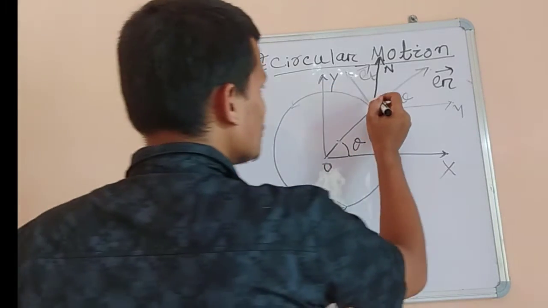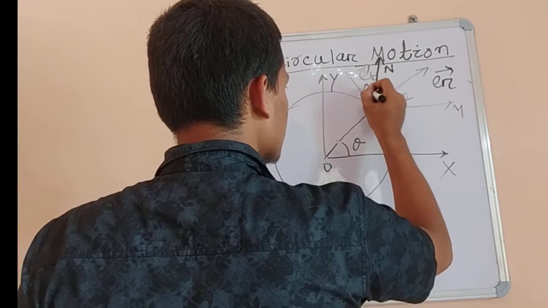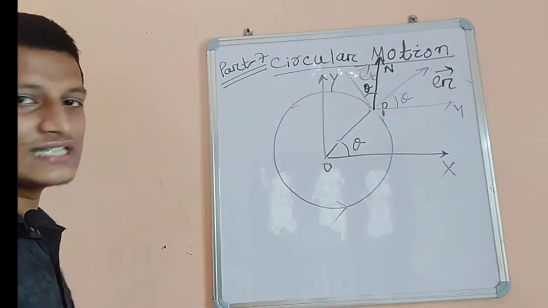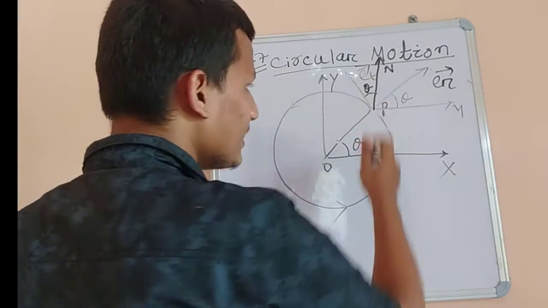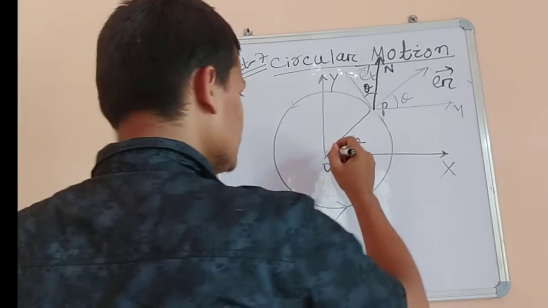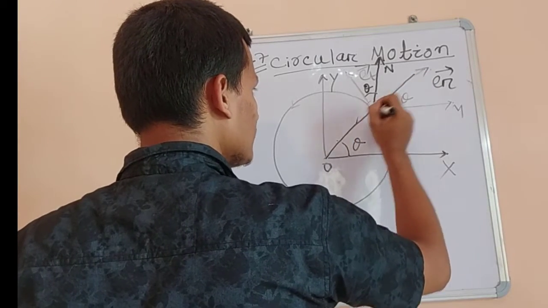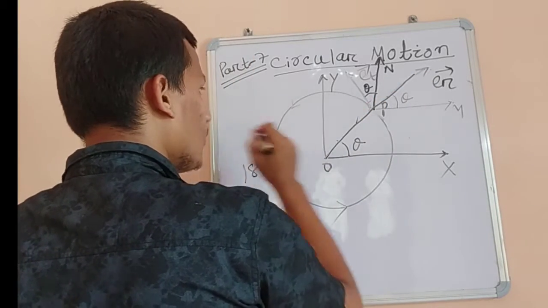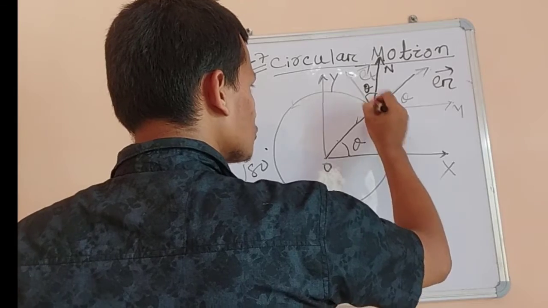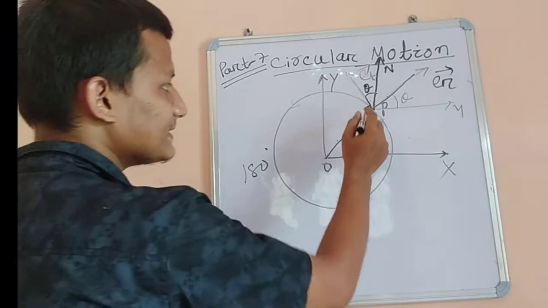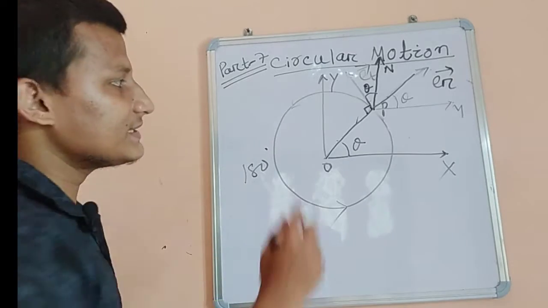What angle does the unit vector along the tangential direction make with the positive y-axis? Let's see, this is a plane, so this angle will be a total of 180 degrees. Suppose this is 90 degrees. We assume this is 90 degrees, and then we will prove that it is 90 degrees.